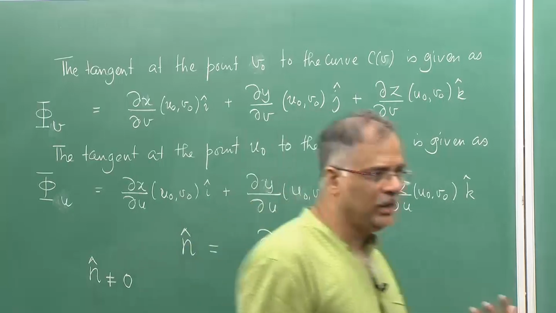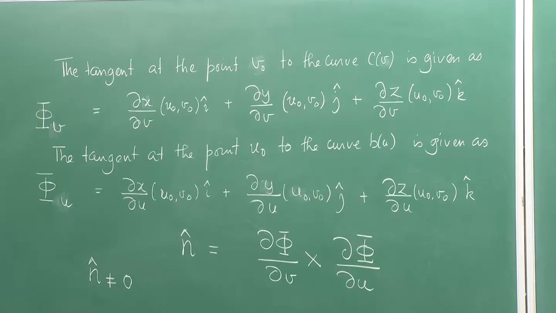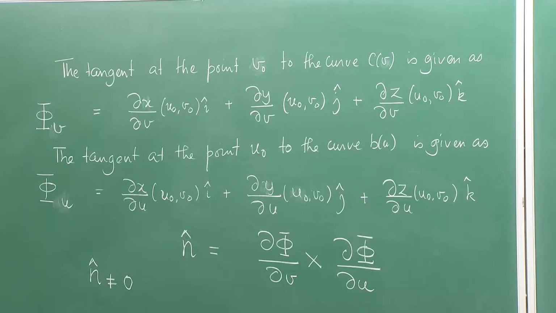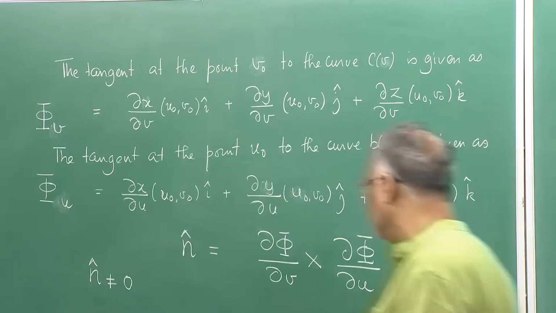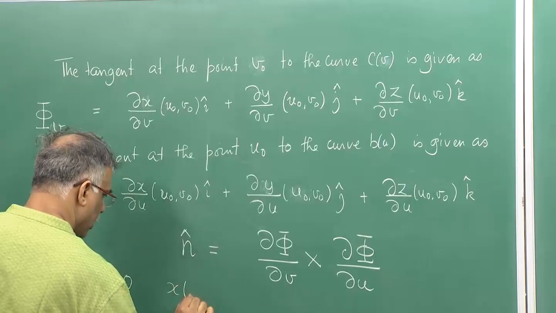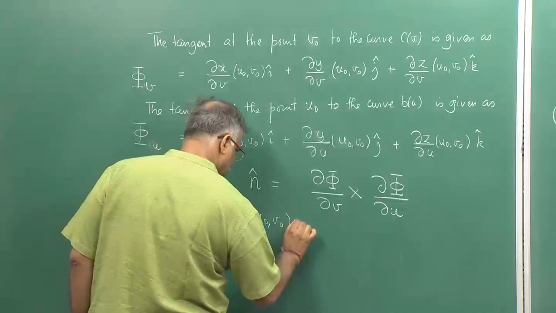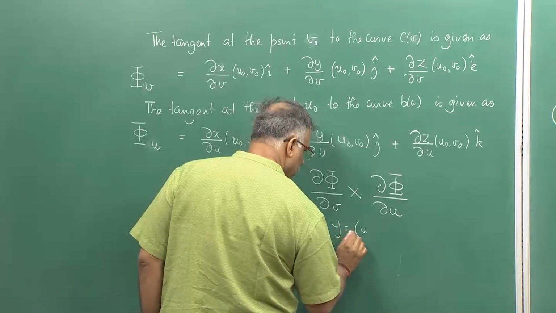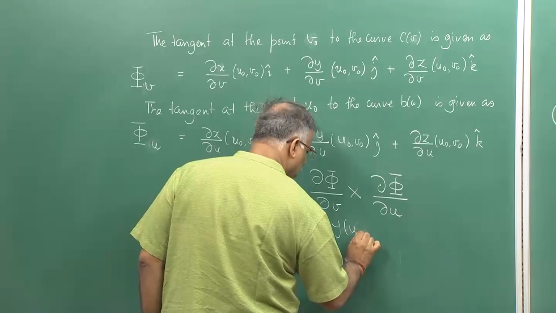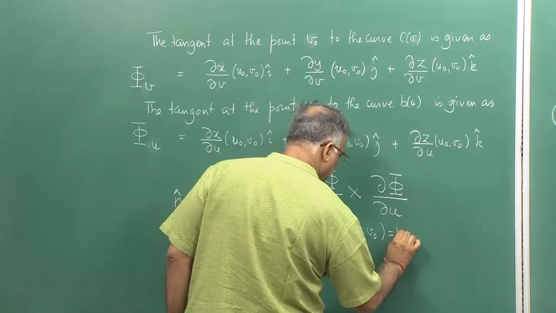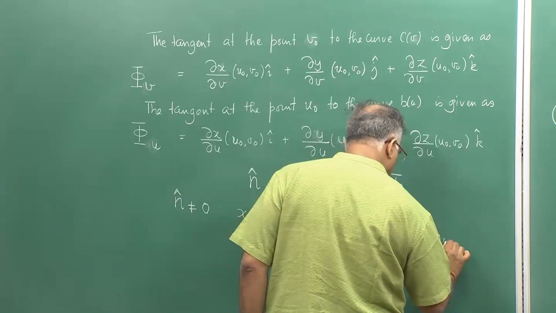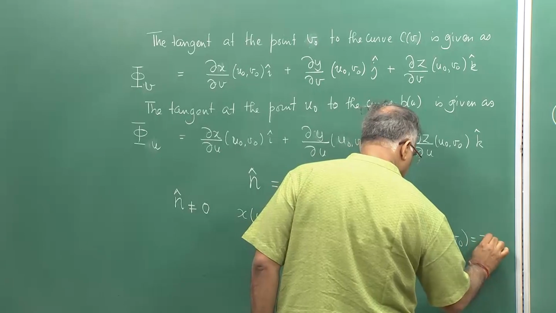Then the tangent plane is a collection of all vectors which pass through the point x naught, y naught, z naught. Suppose I write x of u naught v naught as x naught, y of u naught v naught as y naught, and z of u naught v naught as z naught.